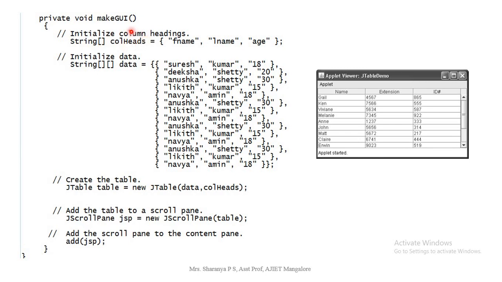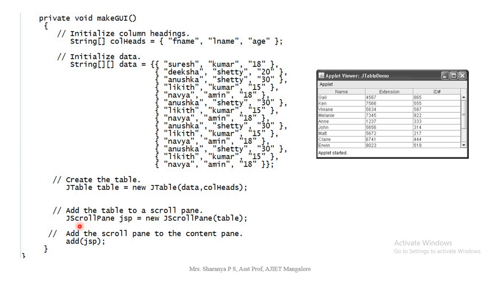And here we are using the data that needs to be displayed on the output screen. Since it contains three columns, we are adding it as three different data. And then the table will be created by passing these two values as parameters to the JTable method. So JTable data comma column heads.